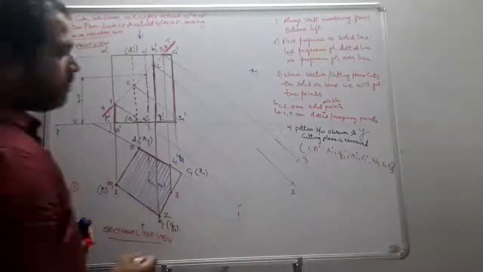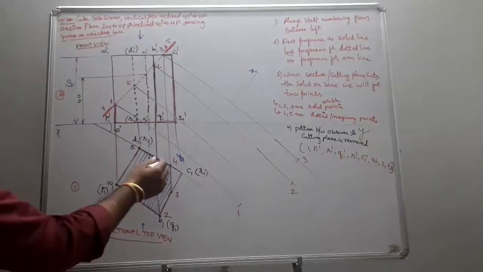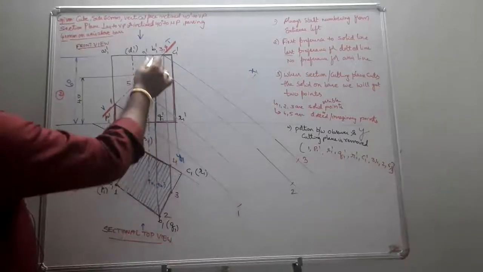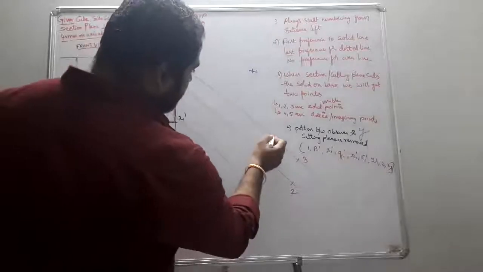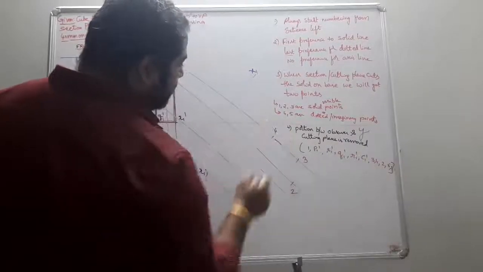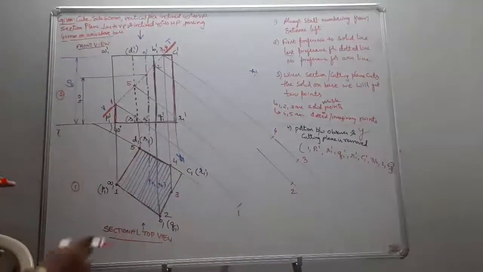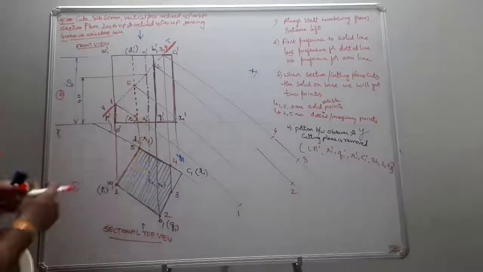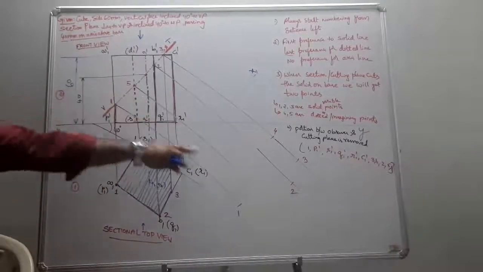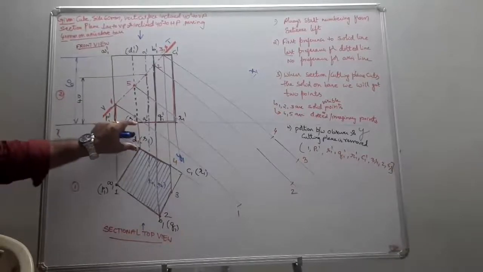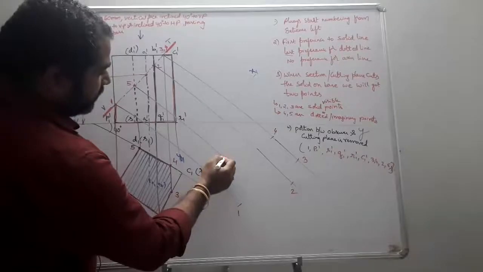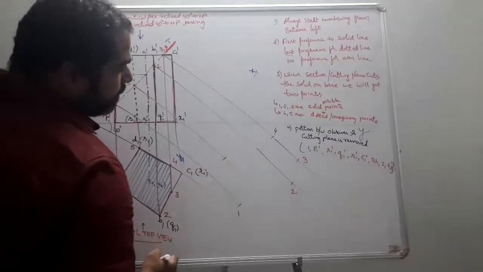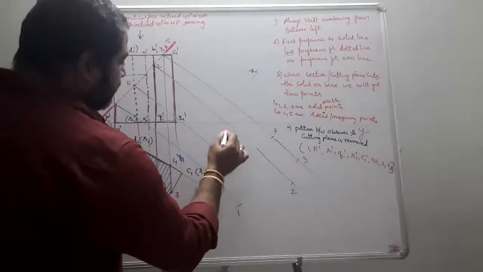This becomes your point 3. Next, point 4, which is on the same projector, and you take the distance. This becomes point 4. Next, point 5 is taken. This distance from the old reference line to point 5 is taken as radius, and you mark this point. So this becomes your point 5.